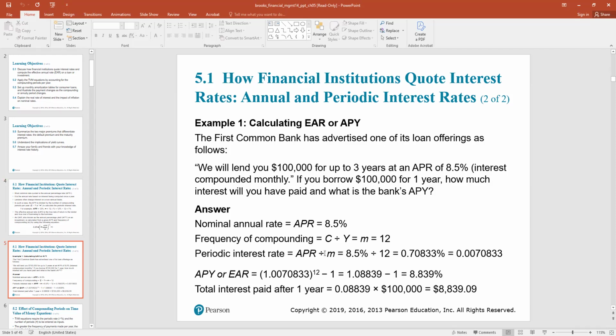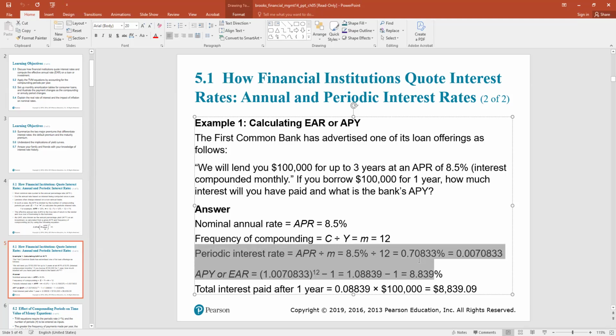Okay, so the nominal annual rate, the APR, is 8.5%. The compounding frequency is 12 periods, and the periodic interest rate is 0.70%, less than 1% per month. The effective annual rate, or annual percentage yield, is equal to 8.83%. So in reality, you pay 8.83%.